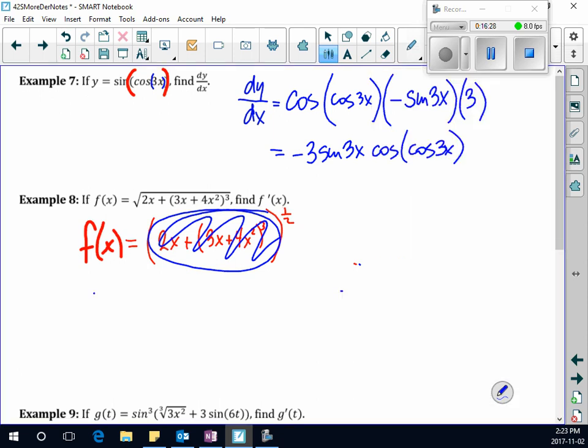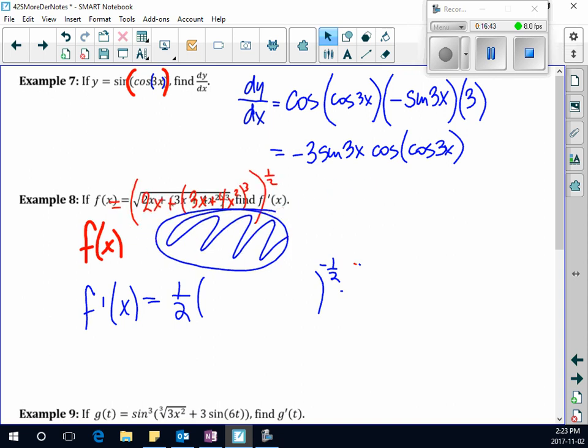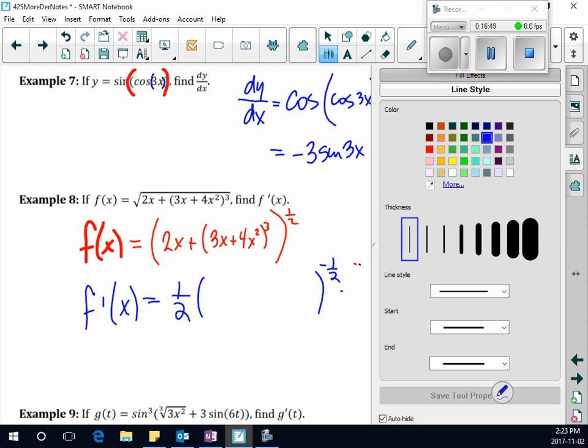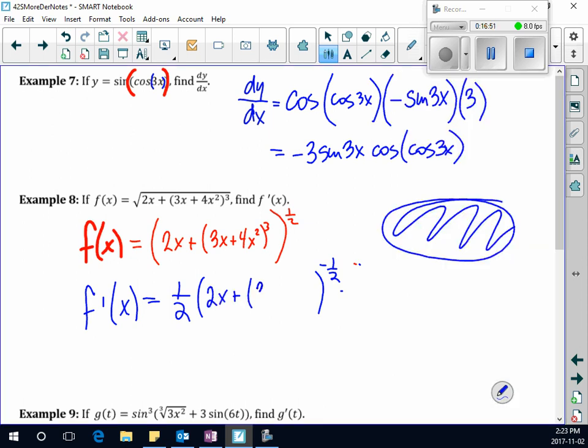So f prime of x is 1/2 the blob to the power negative 1/2. So we're not going to write the blob. We're going to get rid of this blob and put this back in. And so this is going to be 2x plus bracket 3x plus 4x squared to the power 3.